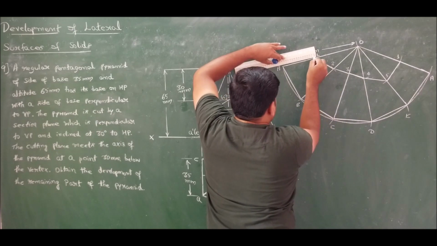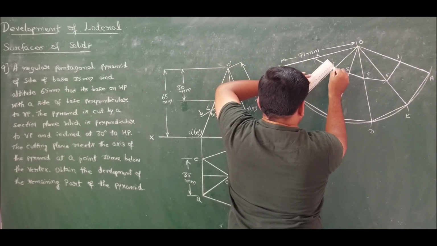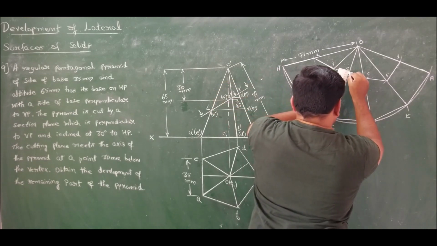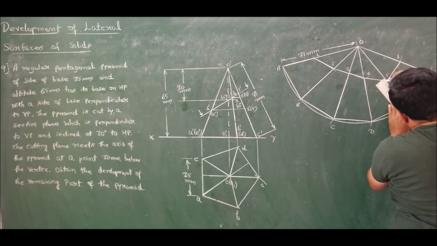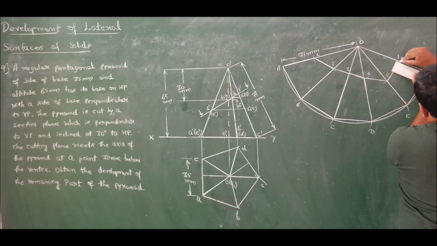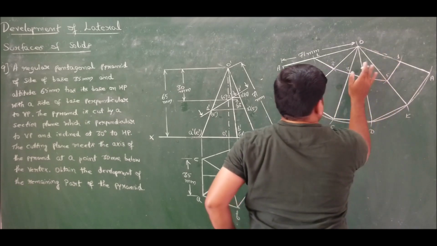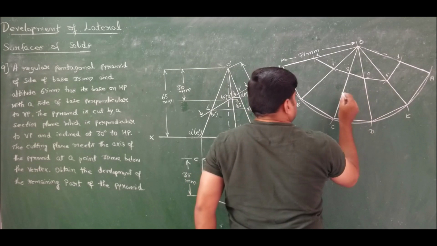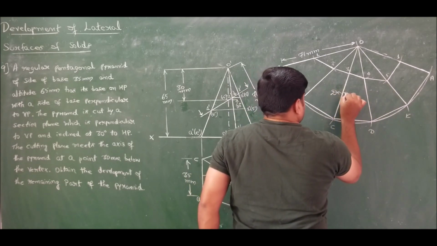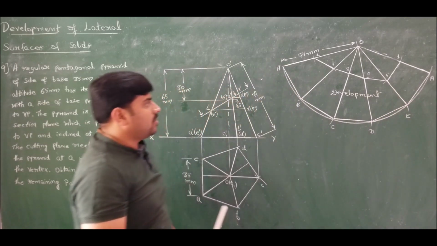Now you connect 1 to A, 2 to B, 3 to C, 4 to D, 5 to E, and 1 to A. And these things should be removed. So this is the development of the given problem.